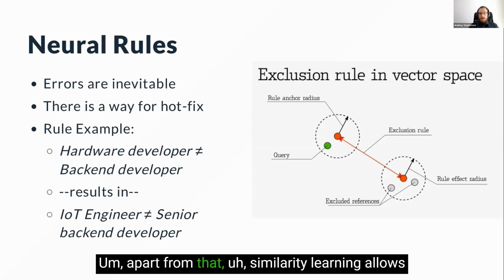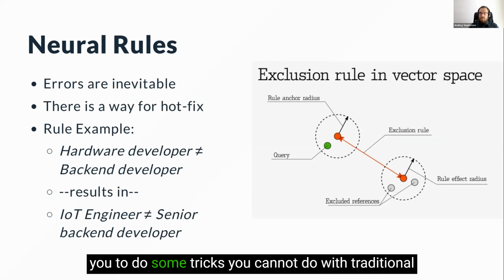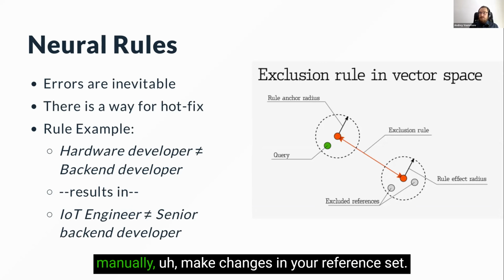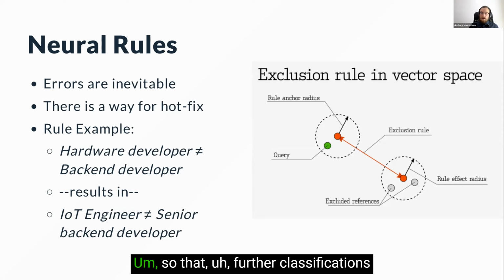Apart from that, similarity learning allows you to do some tricks you cannot do with traditional approaches. For example, it's what I call neural rules. It is an approach where you can manually make changes in your reference set so that further classifications will be more accurate.